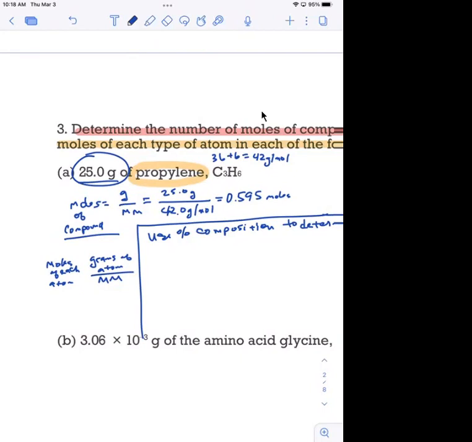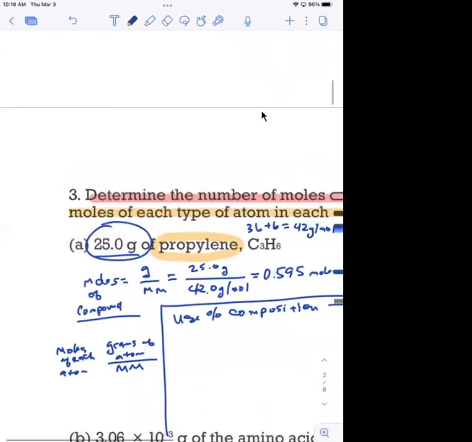So we can switch them out. Now, if you want to set up the calculation like a table, if you're used to that, so 25 grams times 1 mole over 42 grams, you can do that. That way you can see the grams cancel, but you still get the same number.